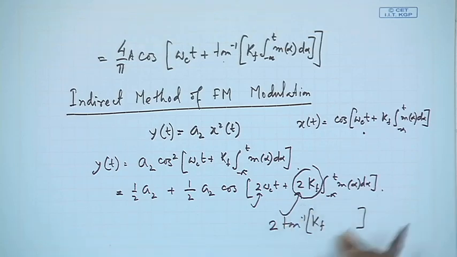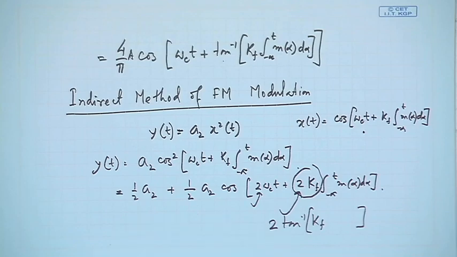So, you can still approximate that to be kf into integration minus infinity to t m alpha d alpha, right. So, this particular part remains intact, you are just supplying multiplicative terms to kf. So, you are slowly increasing that kf portion without hampering what was happening or what has been appreciated in narrowband FM. Okay. So, this was his method.